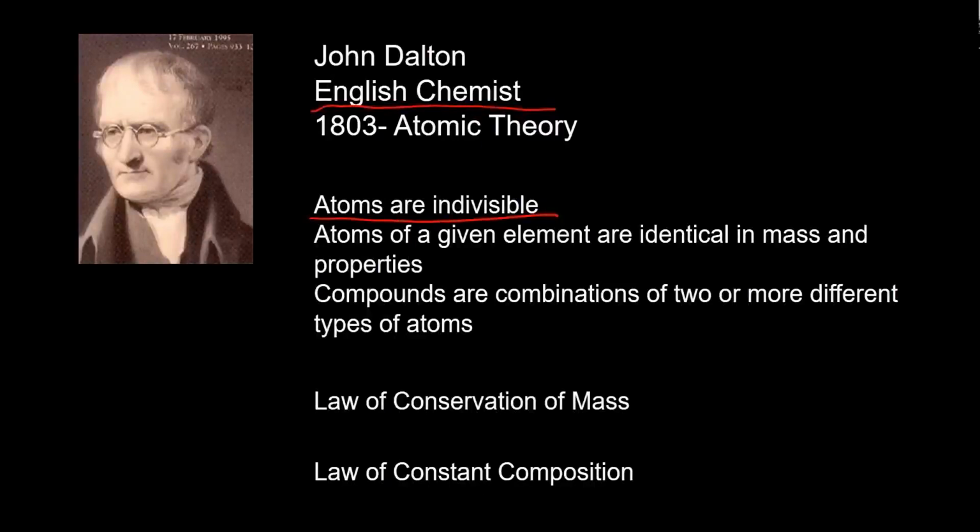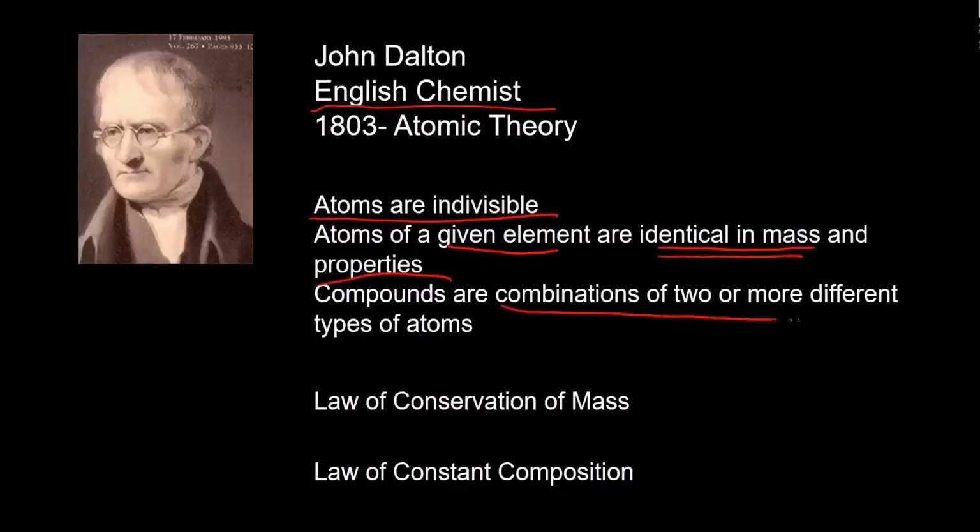He said atoms of a given element are identical in mass and properties. Okay, and to some extent he's correct about that. We have an element, each element has atoms, and atoms that belong to that element have the same mass. They behave in the same way.